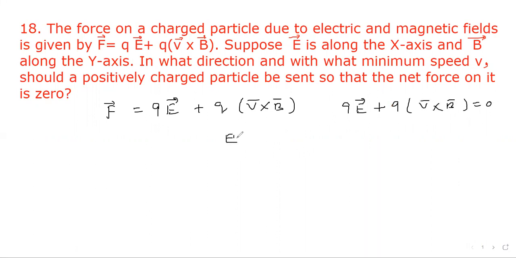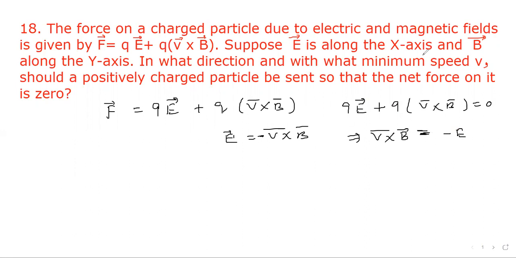That is, E equals V cross B with negative sign, or V cross B is equal to minus E.